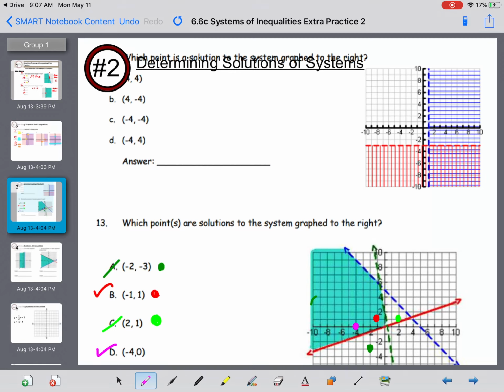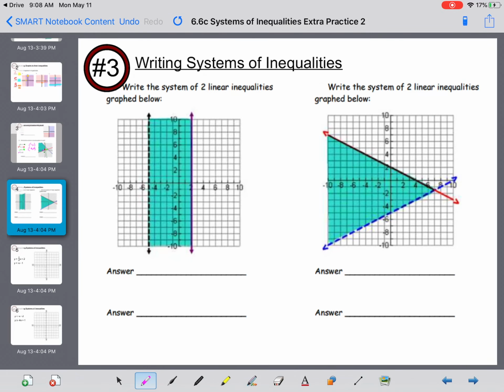Left 4, we're not going up or down at all. Look at that. You have a second solution. So your two solutions that you can write on your answer line are -1, 1. And -4, 0.